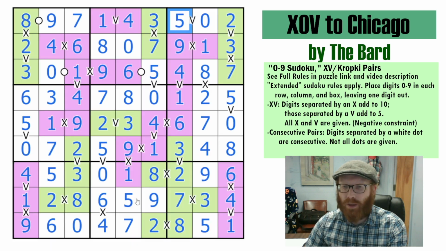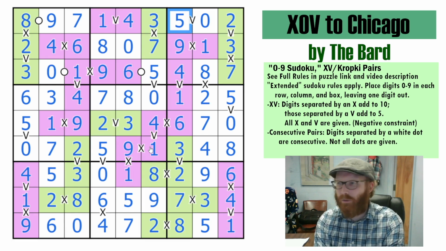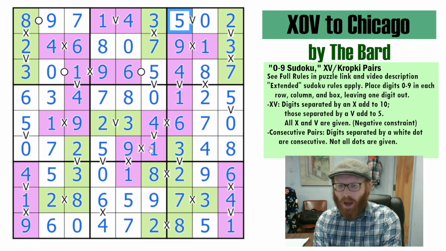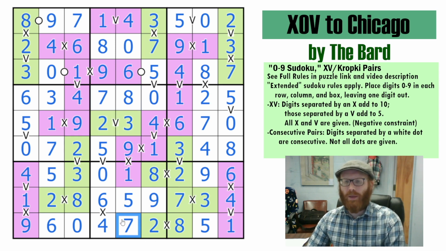166 solves on that one. 27:51, but I had about 2 or 3 minutes I had to pause. Yeah, pretty much did that puzzle all the way through with no negative constraint until right at the end there to, I guess, get that pair and to distinguish what would go in that cell.